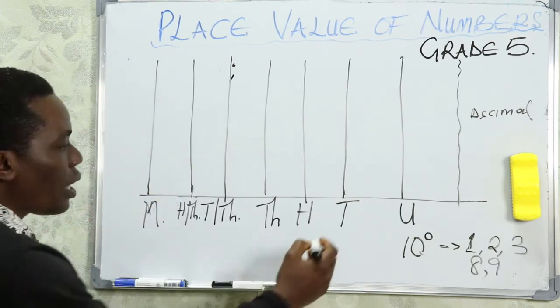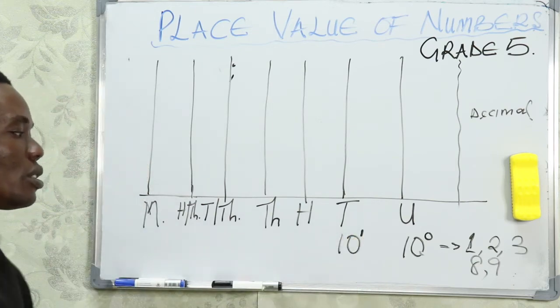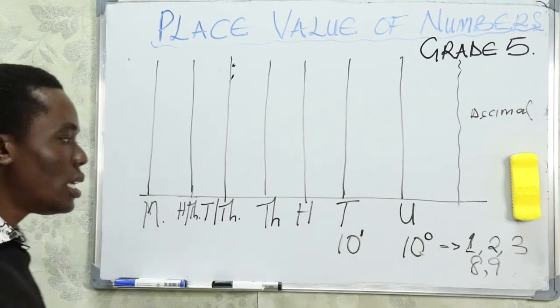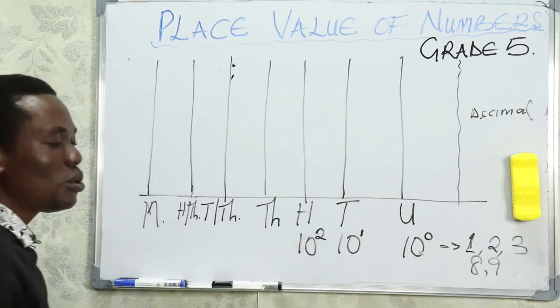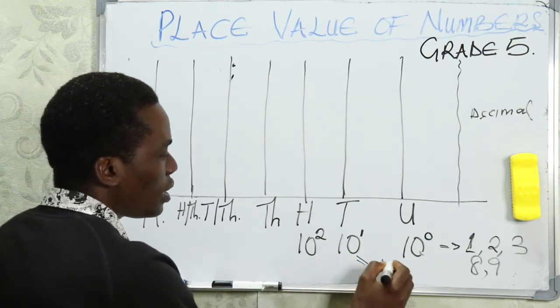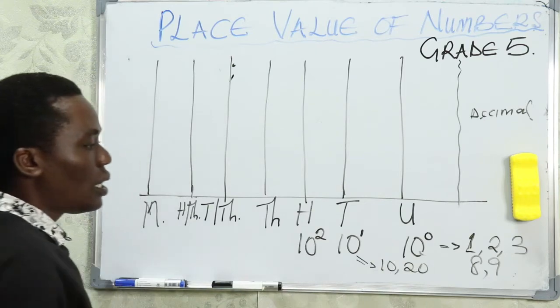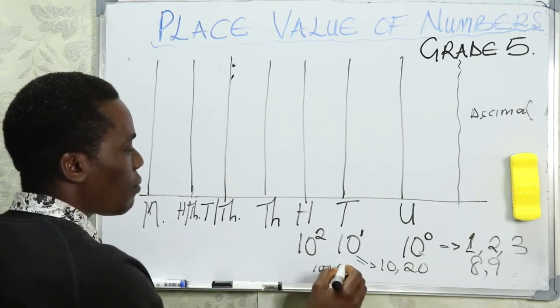Now the tens are numbers in the power of 1. And hundreds are numbers in the power of 2, when you have 2 zeros. Examples of tens are 10 and 20. Examples of hundreds are 100 and 400.